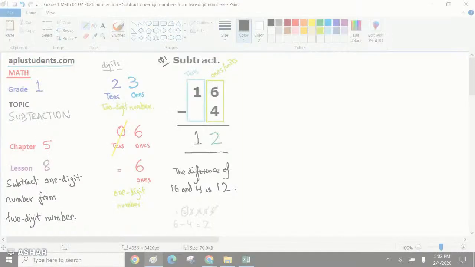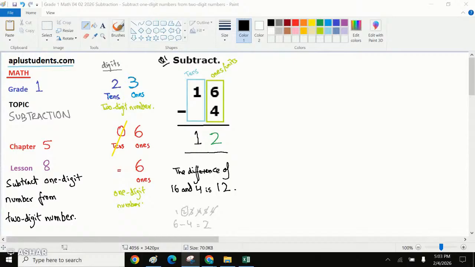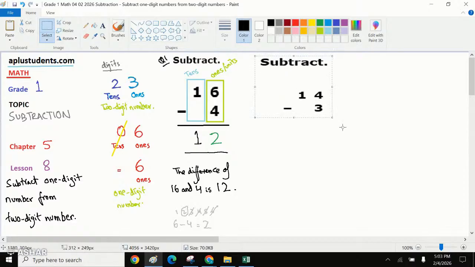The next question says subtract 14 minus 3. Let's see what we can do in question number 2. So if this is our question number 2, we need to subtract 14 minus 3. I'll just resize.